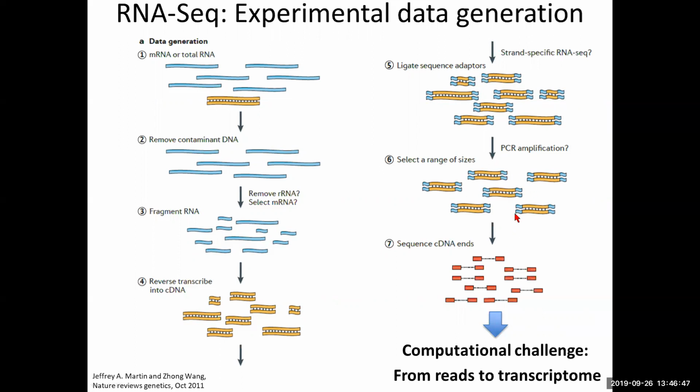You can select a range of sizes, and then you sequence the ends of these molecules. So you can basically sequence from both sides of the cDNA. So you basically can have pairs of reads that are near each other with some distance because you selected that range of distances. Okay? Raise your hands if you're with me on this part.